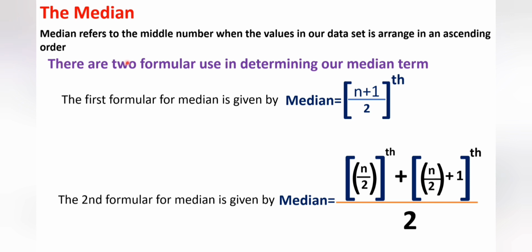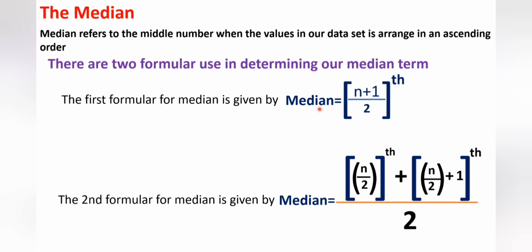Median refers to the middle number when the values in our data set are arranged in ascending order. This implies that when we arrange our data set in order of increment, the middle number is the median number. In order to determine the middle number, there are two formulas that we can use. The first formula is used when the total number of our data set is odd.